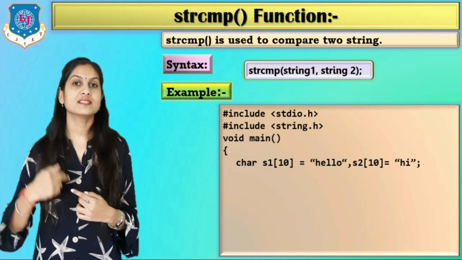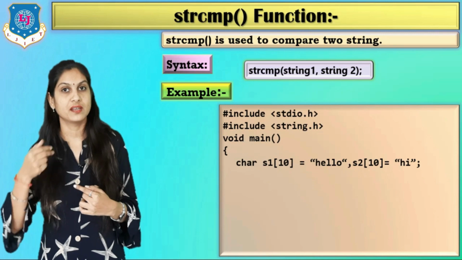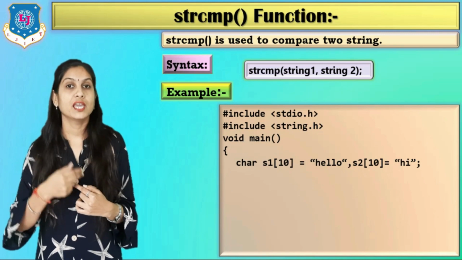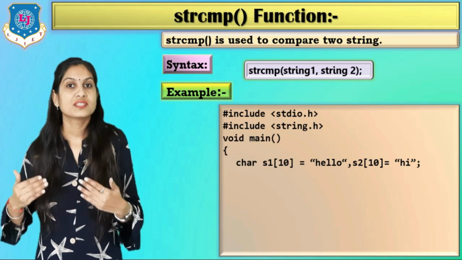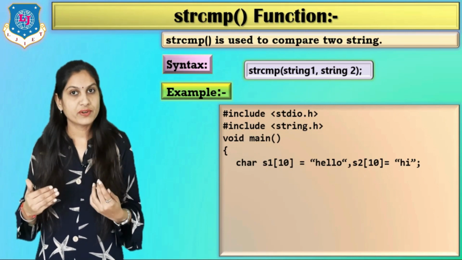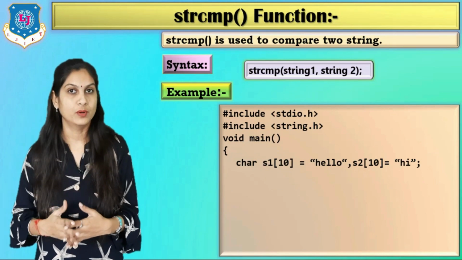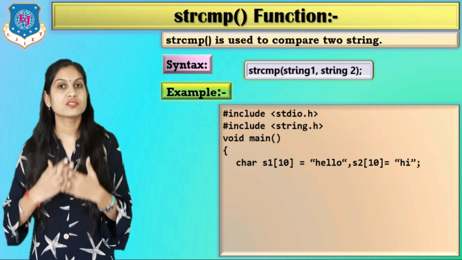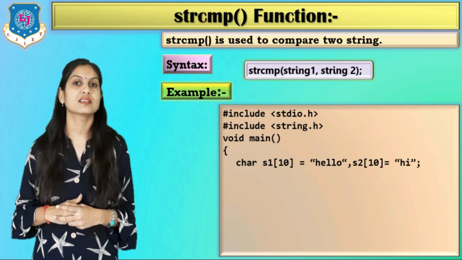It checks the first character of the first string and the first character of the second string and finds the ASCII difference. If the ASCII difference is 0, then it moves on to the second character, and if again it finds the difference 0, then it moves to the third character, and likewise it proceeds. So when the ASCII difference of all the characters is 0, that indicates both strings are the same.